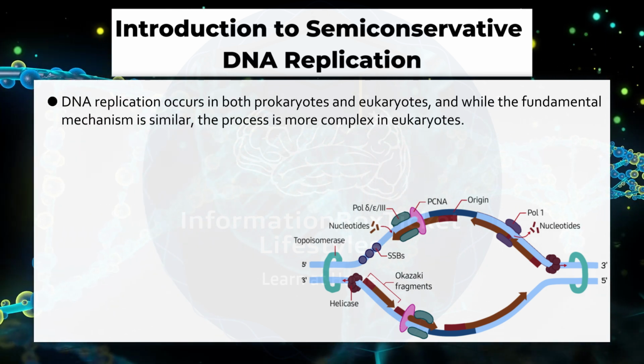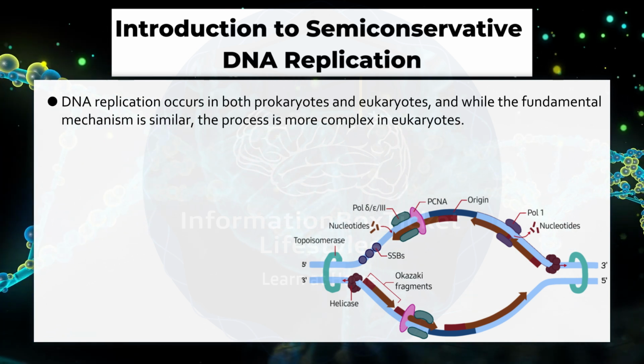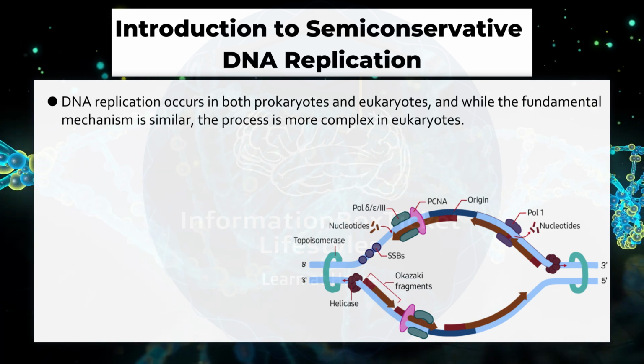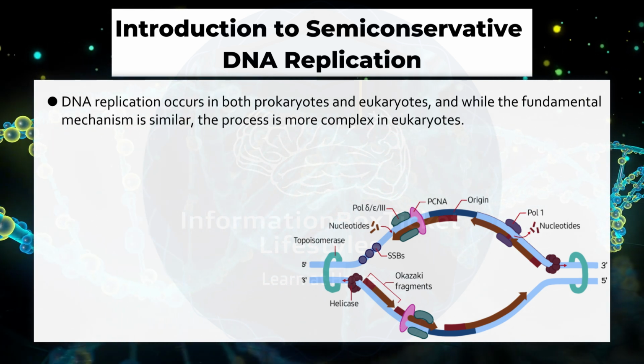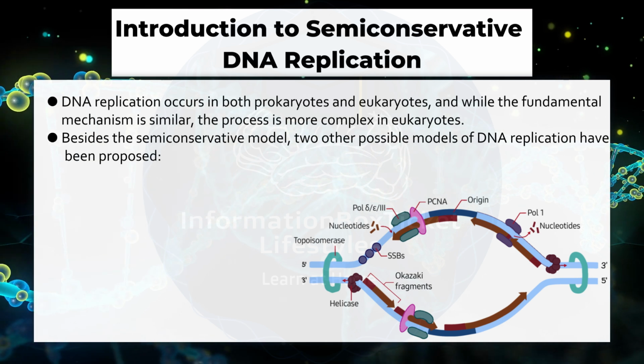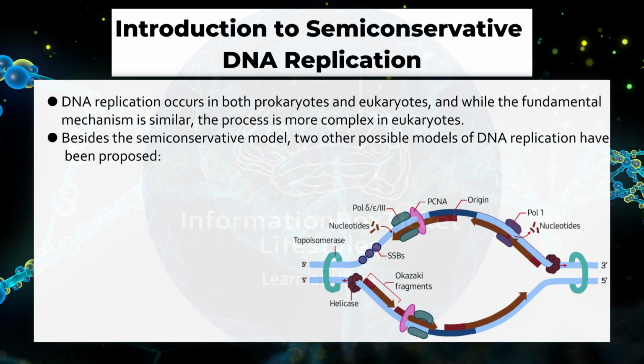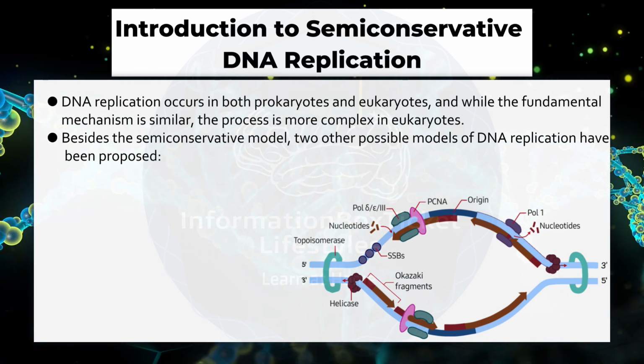DNA replication occurs in both prokaryotes and eukaryotes, and while the fundamental mechanism is similar, the process is more complex in eukaryotes. Besides the semiconservative model, two other possible models of DNA replication have been proposed.